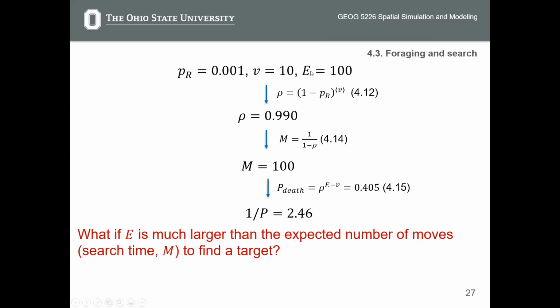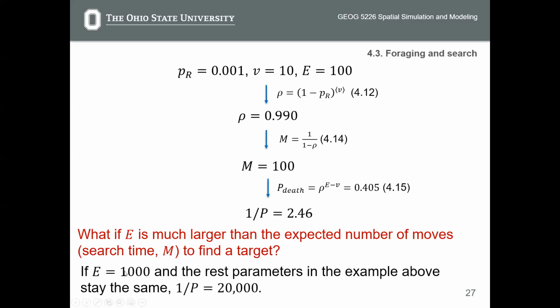Here M is 100 and E is also 100. They're equal to each other. What if E is equal to 1000? If you do the calculations again, you will see that with E equal to 1000 and the rest of the parameters in the example above staying the same, the life expectancy is 20,000, which means this walker can survive 20,000 searches before death.